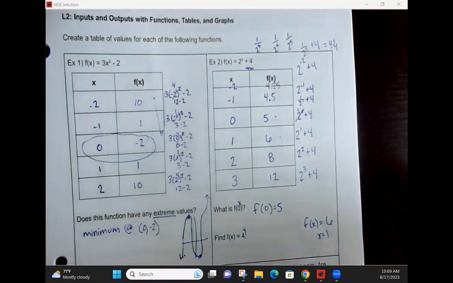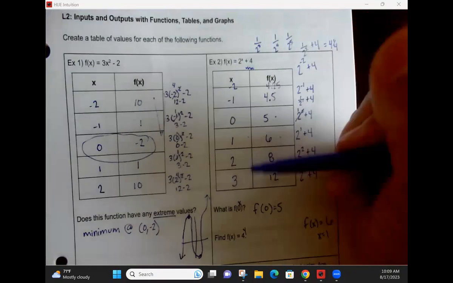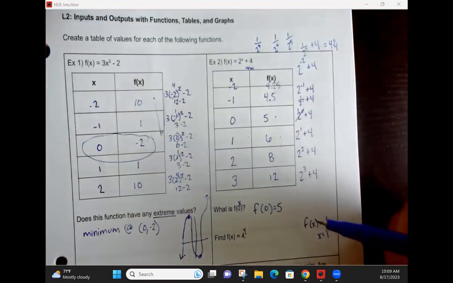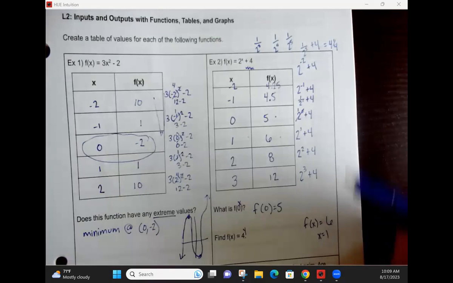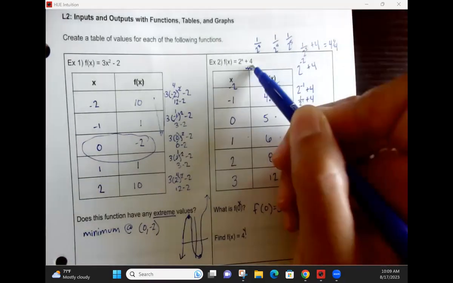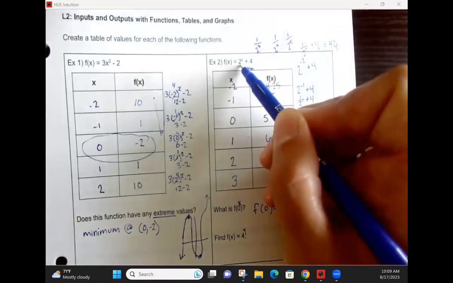So a minute ago, or a couple minutes ago at this point, I said we just need to keep an eye on what kind of values it's okay to plug in for x. Okay? And I can plug in whatever I want for x. The other thing that we want to be aware of is, what is our output going to look like? Are there any restrictions on the output, on the range here? Am I ever going to be able to get down to 4 plugging in values for x?